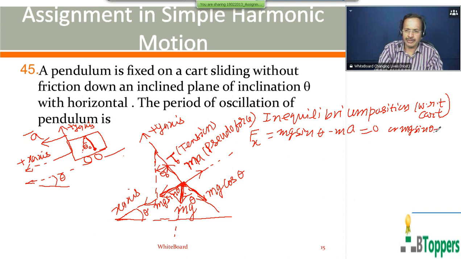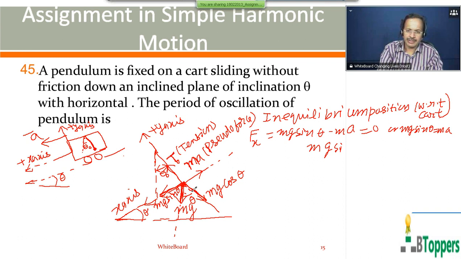Here the cart is moving down with an acceleration, and theta naught is the angle made by the string with the vertical.